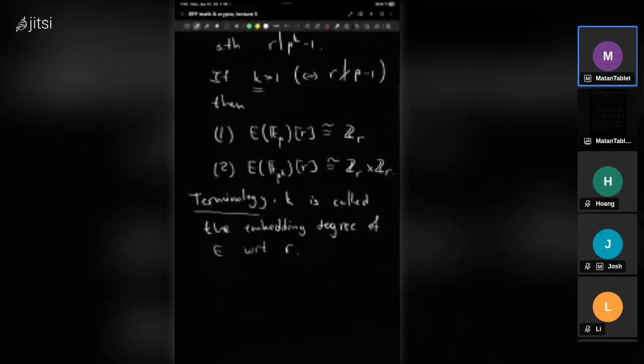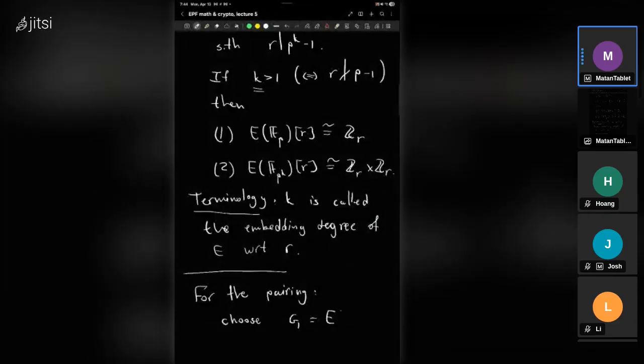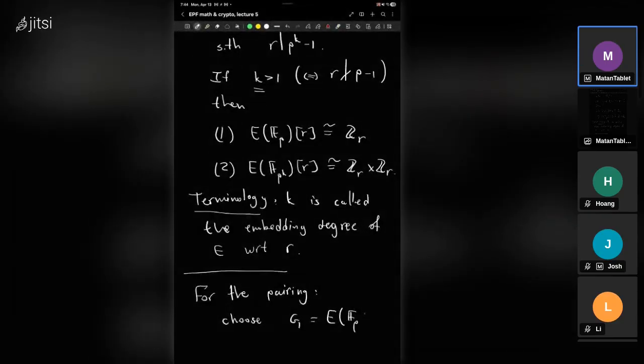How do we do the pairings? For the pairing, choose G1 to be the R torsion points of E over FP.